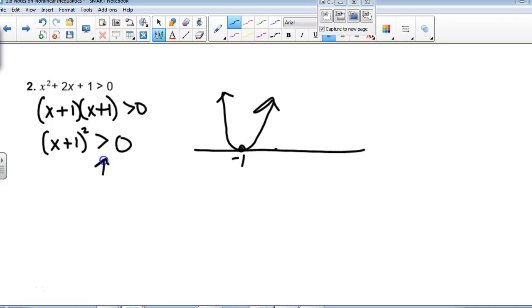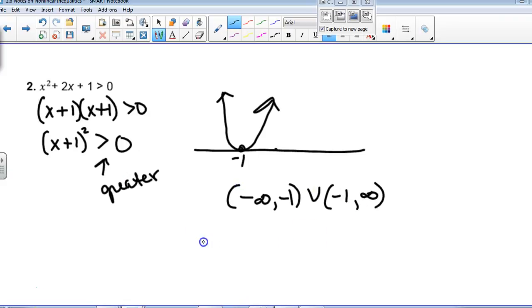What does this say? Greater than. If it said greater than or equal to, it would be all real numbers. Unfortunately, it only says greater than, so it can't equal 0. So we've got to go everything to the left of -1 and everything to the right of -1. But it can't include -1 because at -1 it's actually equal to 0. If we had just said or equal to, then it would have been -infinity to infinity.